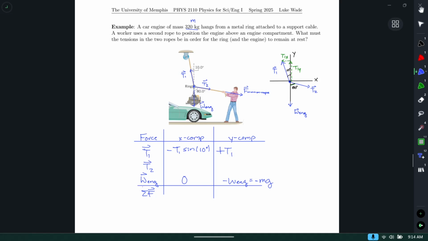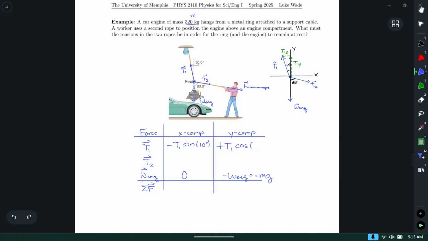It points upwards, so positive, and then it is adjacent to that 10-degree angle, so we use cosine 10. Alternatively, you could have found that this angle is 80 degrees, and then you would have said that the Y component is T1 sine 80, and then T1 cosine 80 with a negative for the X component, but you can also just use that 10-degree angle that's given.